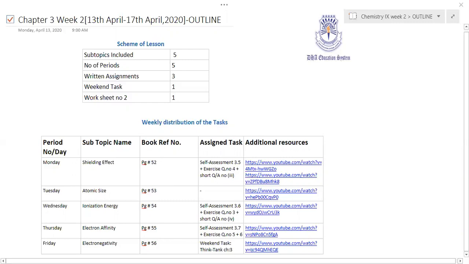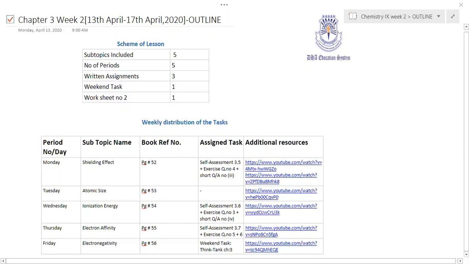Here I have designed an outline for you to tell you what is coming up in this lesson. The total subtopics we are going to cover in this week are 5, and the written assignments associated are 3, along with 1 weekend task and 1 worksheet.